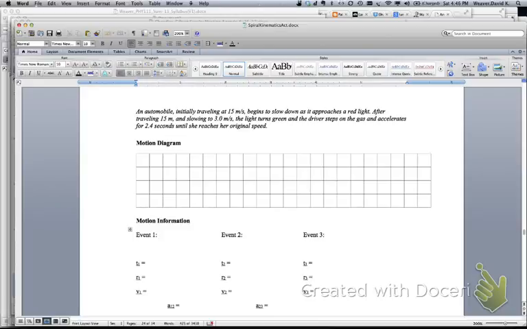We're going to start with an origin and a vehicle that is traveling 15 meters per second that starts to slow, and then sees the light turn green and starts to speed back up, till she reaches her original speed.